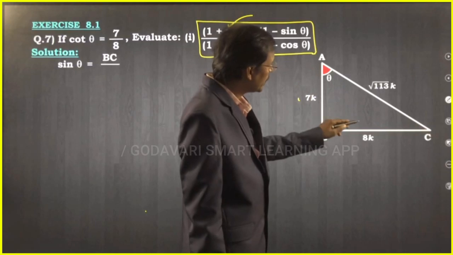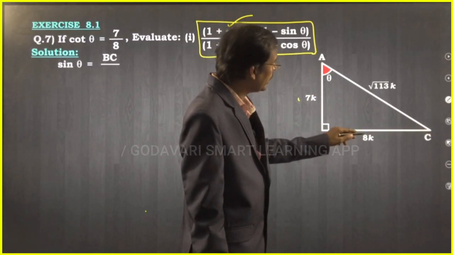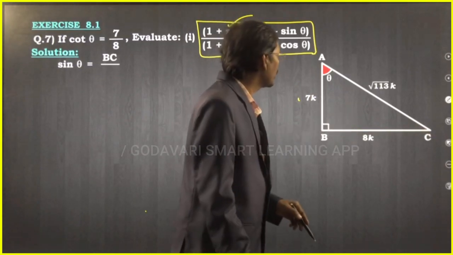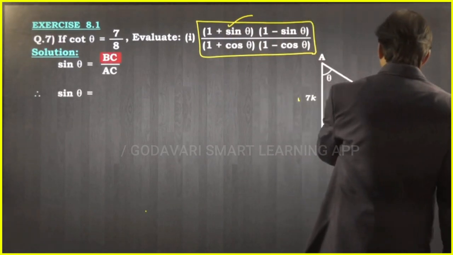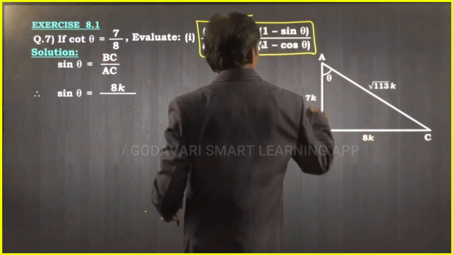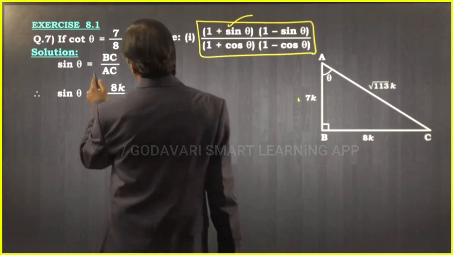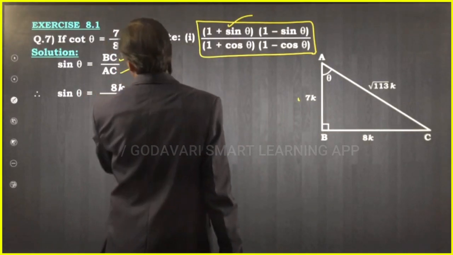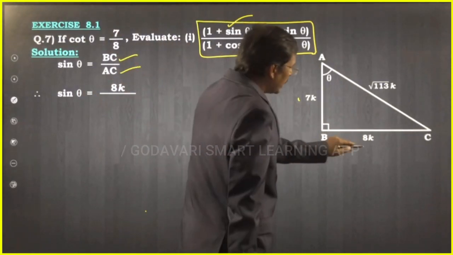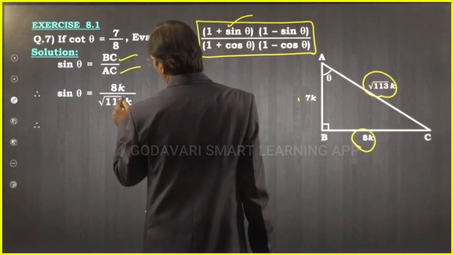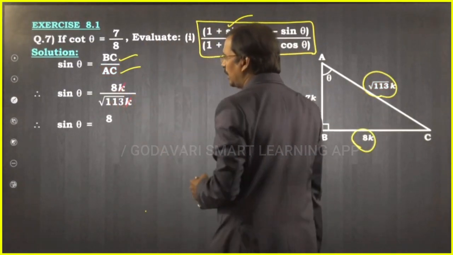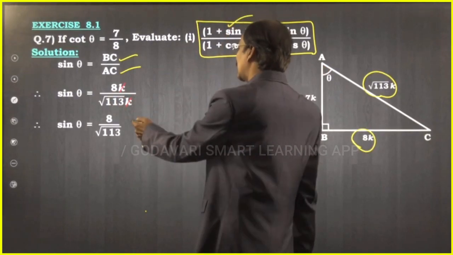For angle A, the opposite side is BC, 8k, by hypotenuse AC. Therefore sin theta is equal to BC by AC, that is 8k by root 113k. Here k cancels. 8 by root 113 is sin theta.